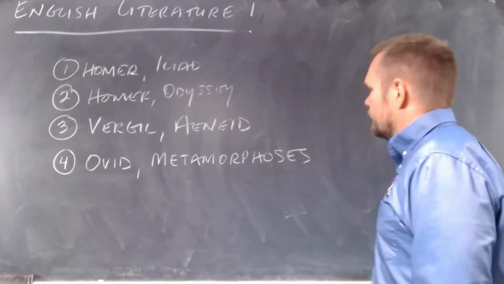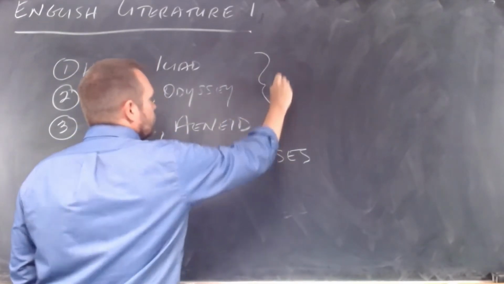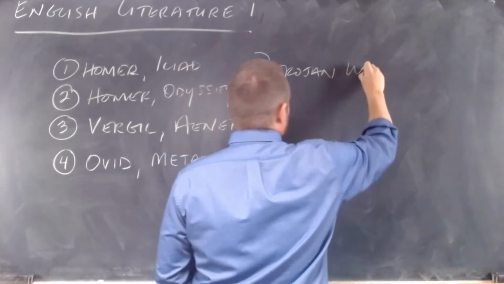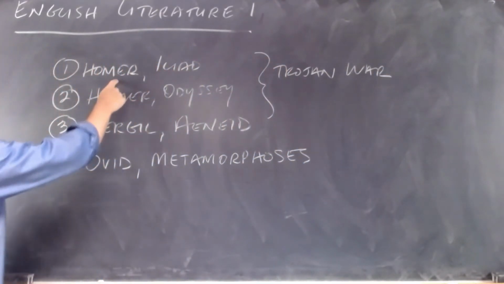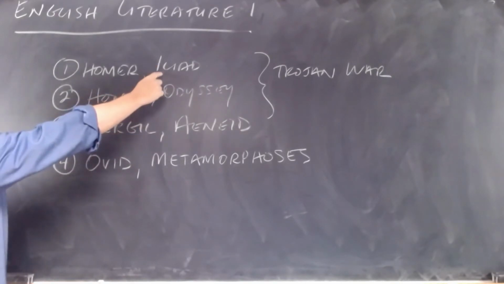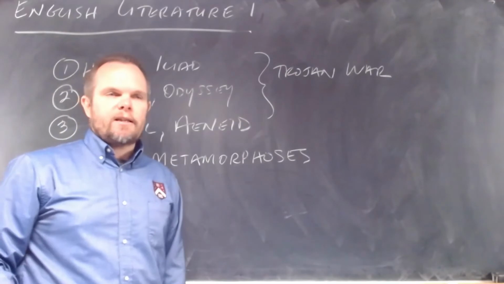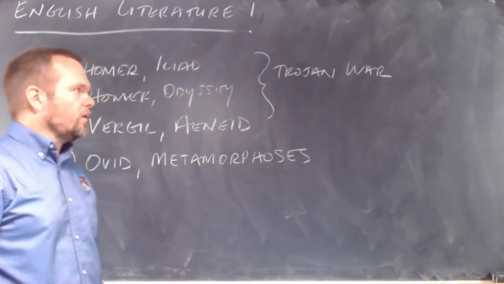These first 3 stories are all about the Trojan War, in a way. The Iliad and the Odyssey talk about, well, the Iliad talks about the life of Achilles and his bravery during the Trojan War.